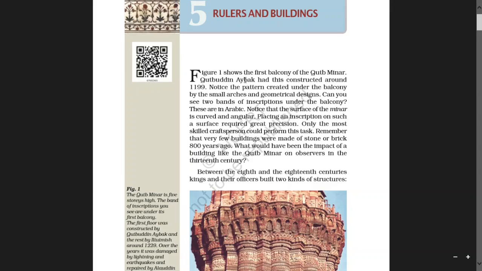Figure 1 shows the first balcony of the Qutub Minar. Here was the first figure. It shows the first balcony of the Qutub Minar. See, a balcony means the highest tier.